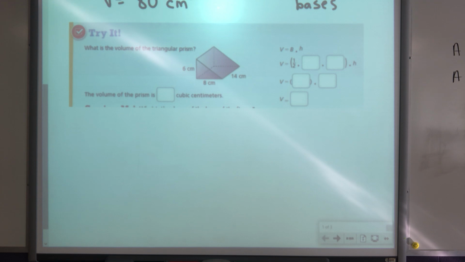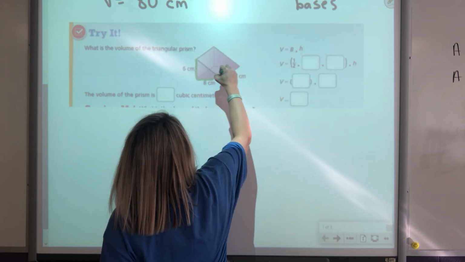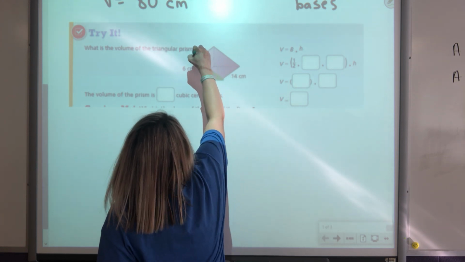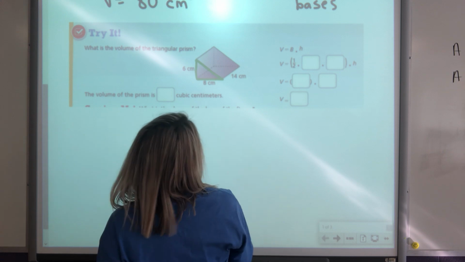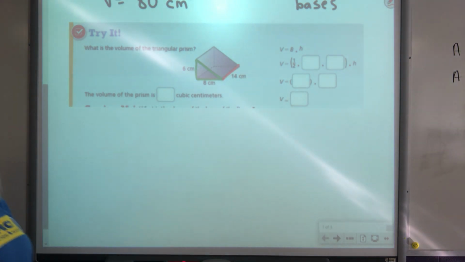What shape is in the name? Triangle. So what are the bases going to be? They're going to be your triangles. So again, your base is a triangle. So then the distance between the two triangles is going to be the height of your object.